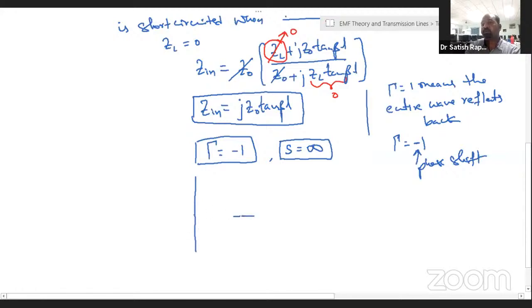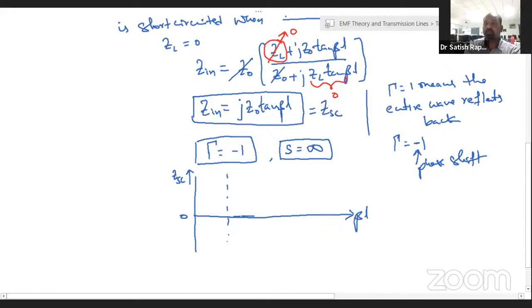On the y-axis we take the input impedance of the short circuited line, which can be written as Z suffix SC, and on the x-axis beta L. With respect to beta L, we will see how the input impedance varies.